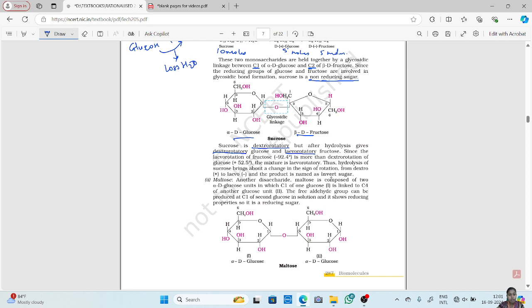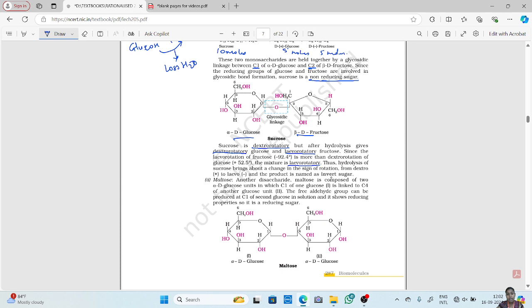Since the levorotation of fructose is more than the dextrorotation of glucose, the mixture is levorotatory. The entire solution is levorotatory because everywhere majority wins, right?